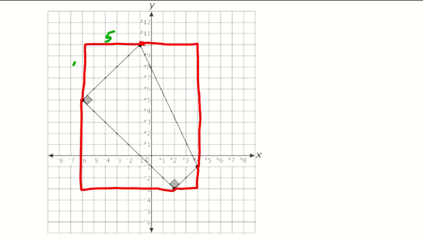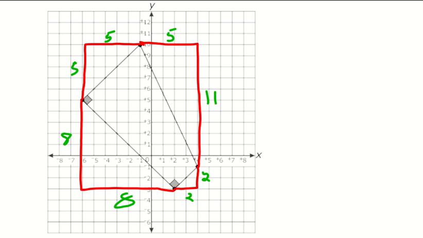So I got 5 and 5 there. I've got 5 and 11 there. 2 and 2 there. 8 and 8 there.